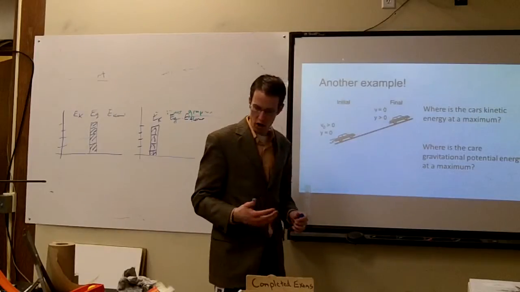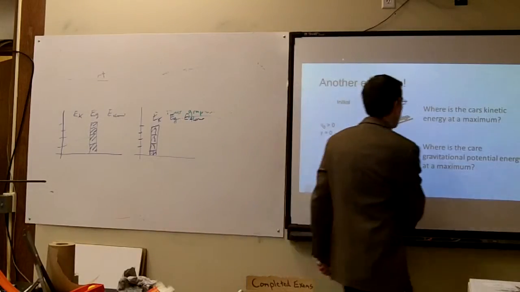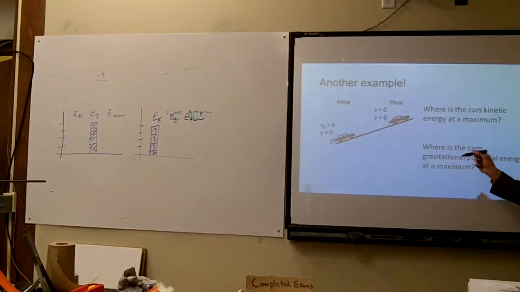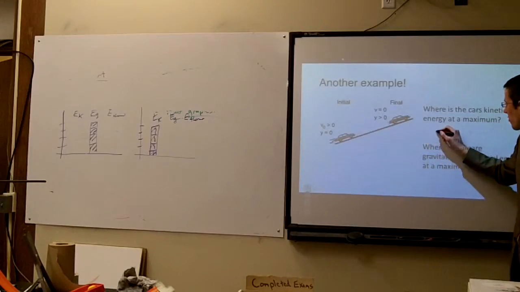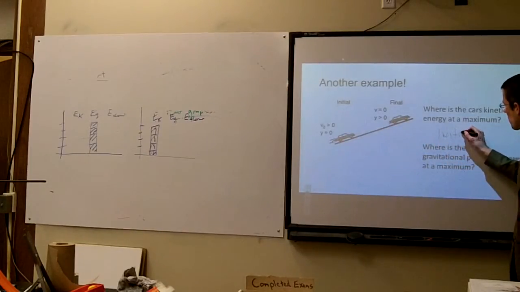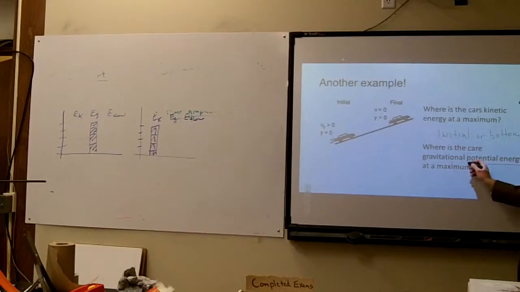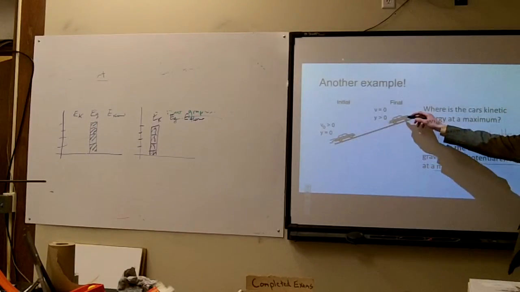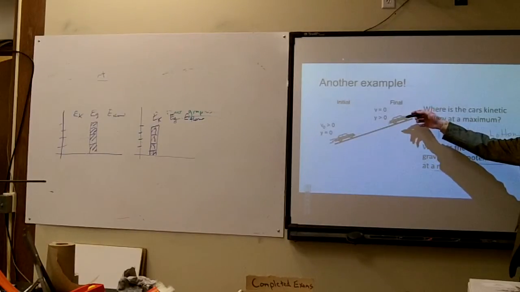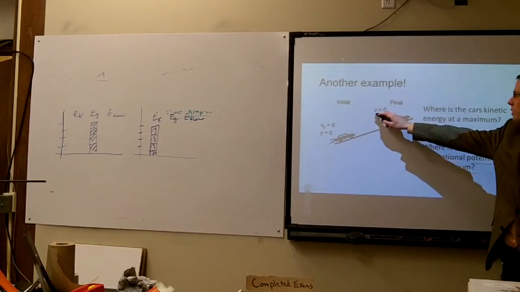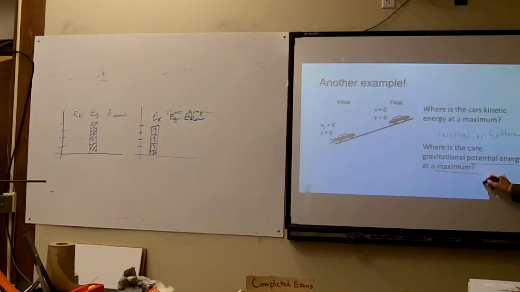So where is the car's maximum kinetic energy? At the initial or at the bottom? Where is the car's maximum gravitational potential energy? At the top up here, because it's going there, and at this point it says it has 0 speed. So at the final.